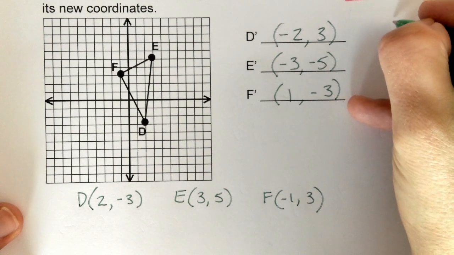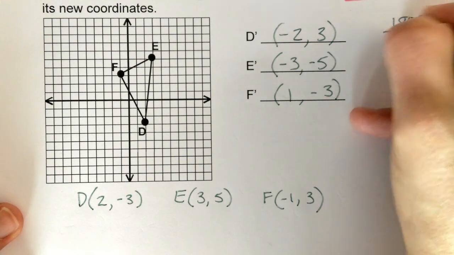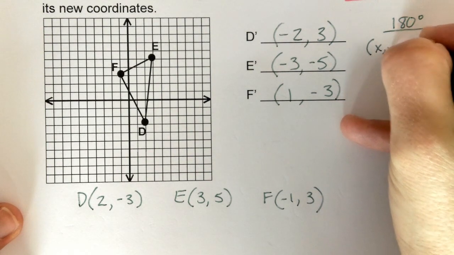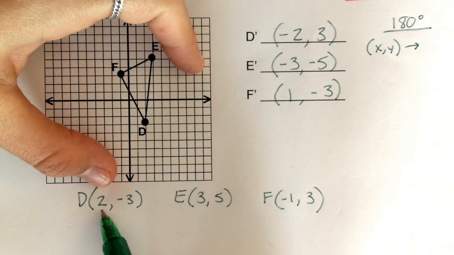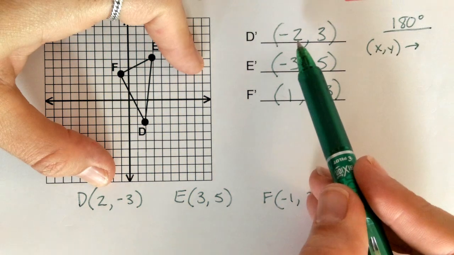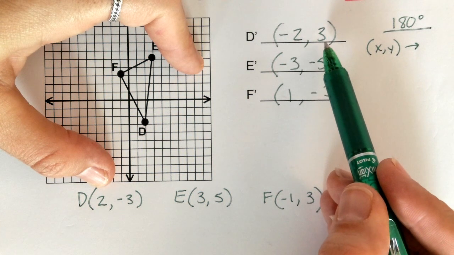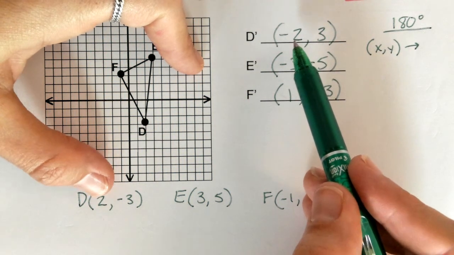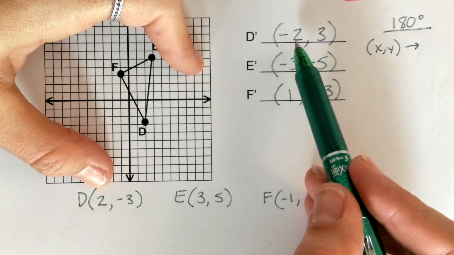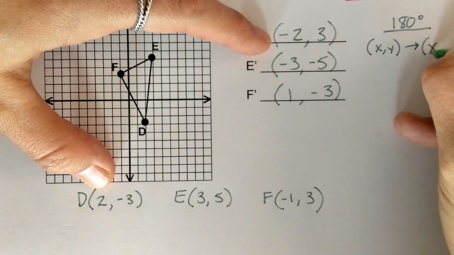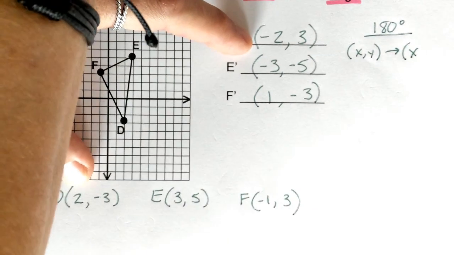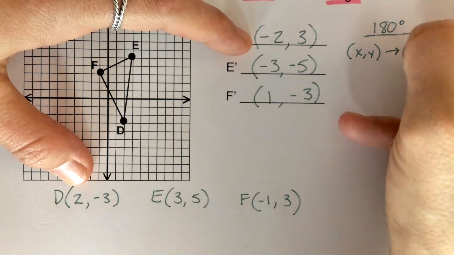So let's take a look at what a 180-degree rule would be. We're going to go from X, Y to, well, let's look at D and D prime. D was at 2, negative 3. Now we're at negative 2, 3. What happened between the X coordinates, 2 and negative 2? We have that 2 remain, so we still have that X coordinate, but it changed signs.